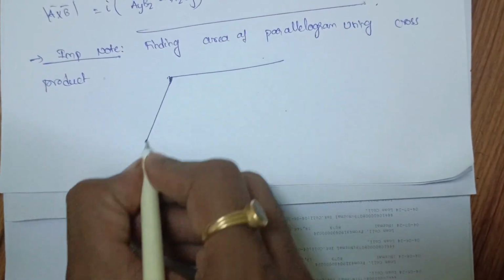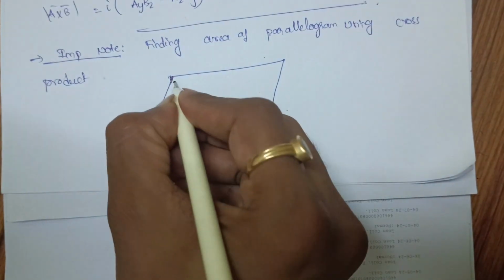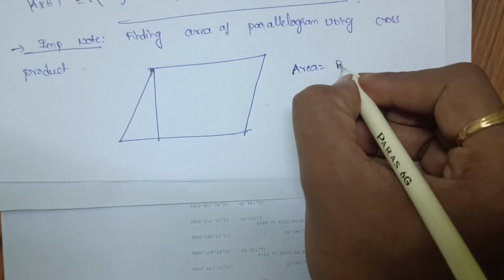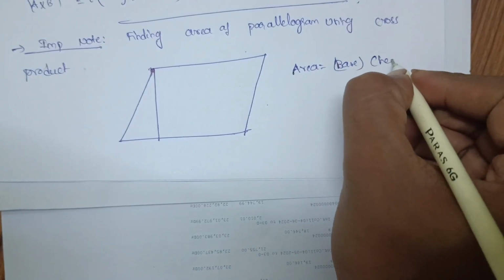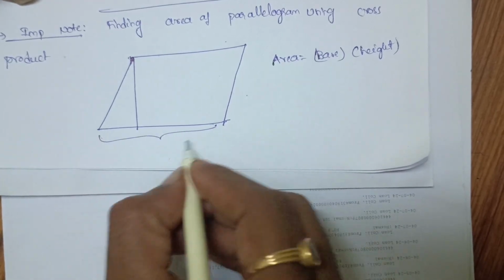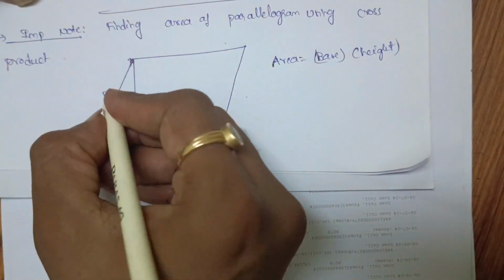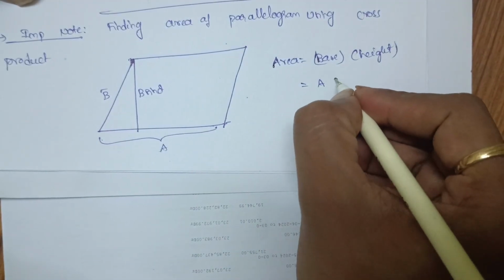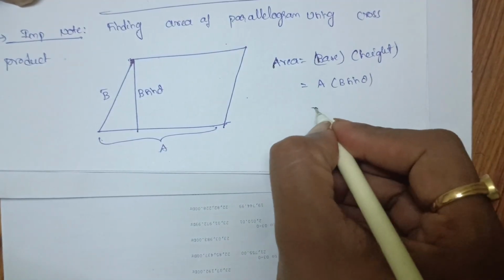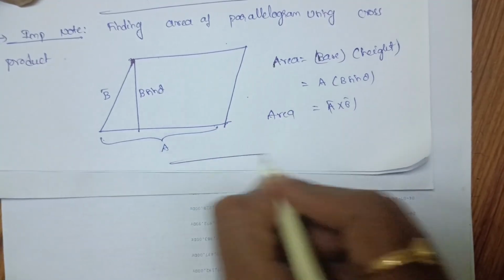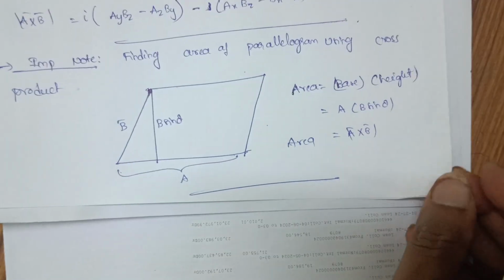Suppose this is the parallelogram, and here area is equal to base into height, and the base is a, and if the other side is b, the height becomes b sin theta. So ab sin theta, and this automatically gives us a cross b. So the area of a parallelogram we can find by using the cross product method or vector product method.